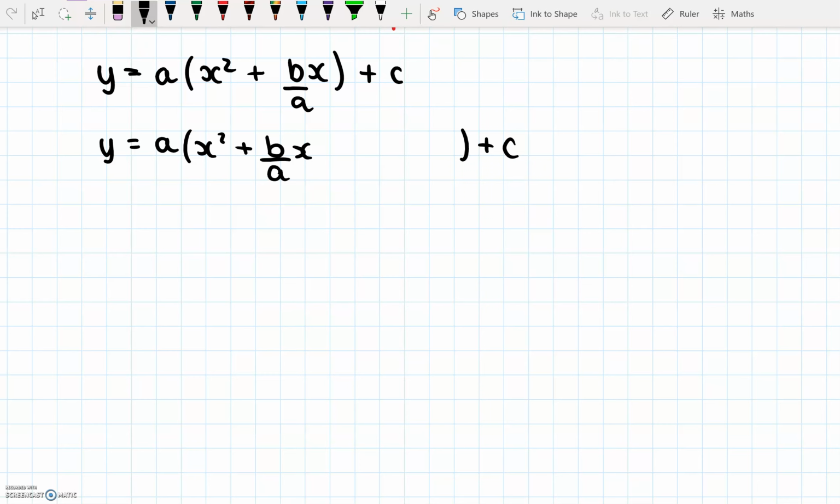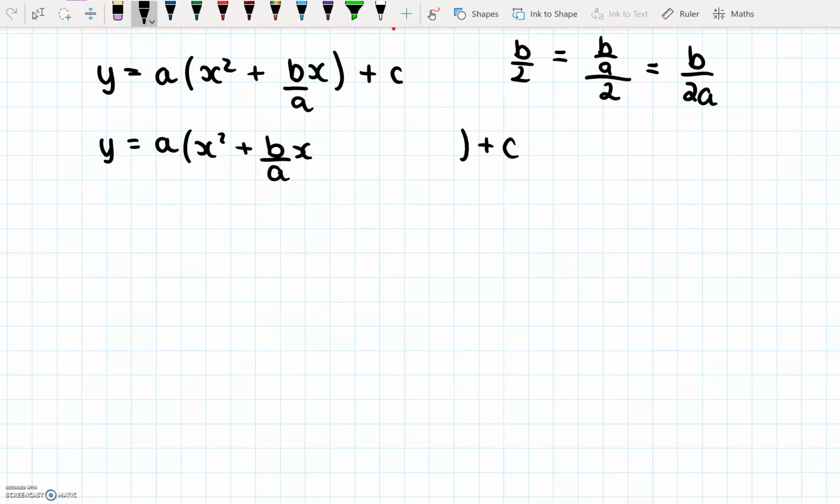Now, how did we remember what we were going to add and subtract? In the past we always did b over 2. In this case the b is b over a. I know it's a little bit confusing, we're working with two different b's at the moment. But we have b over a divided by 2, which is the same as b over 2a. If you don't know why that is, then you need to do a little more practice with dividing fractions, and that's something we will do in a later topic as well.